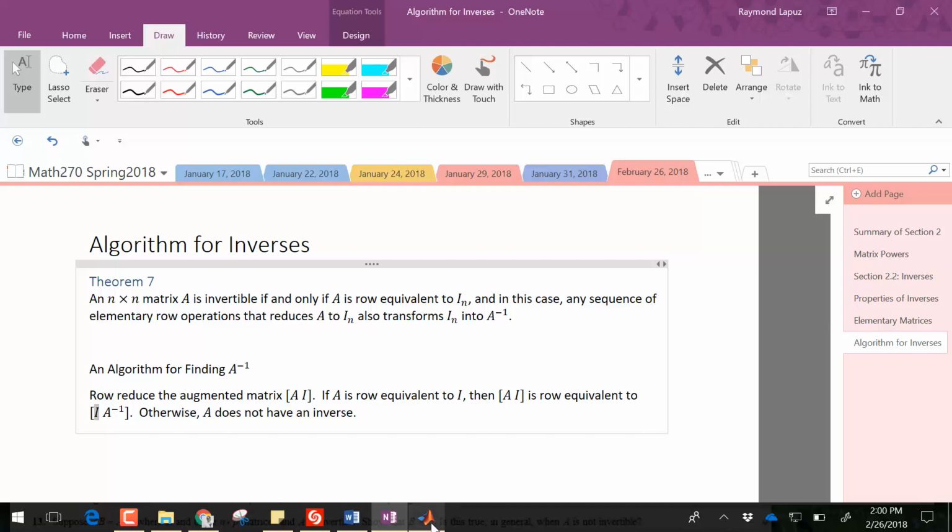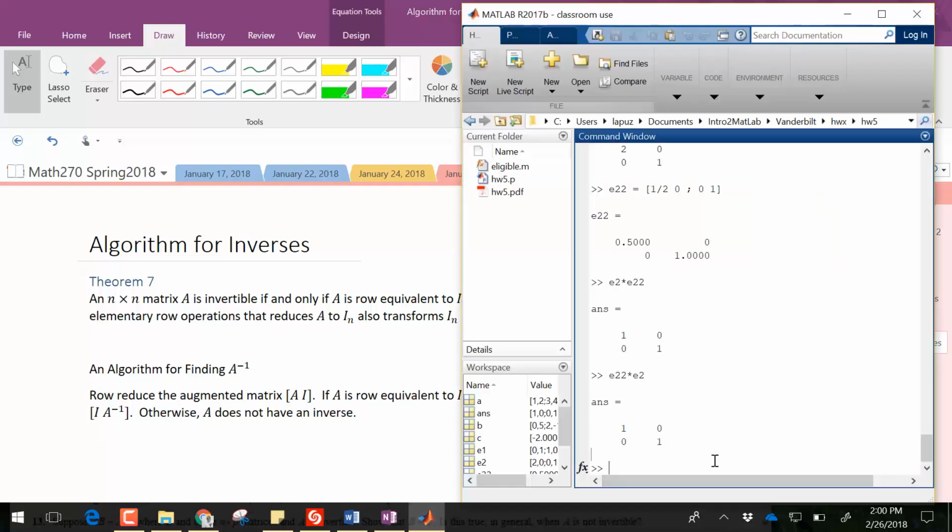It's 2 o'clock. Let's see. Identity is I. RREF, and 2, 1, 3 halves, and negative 1 half.